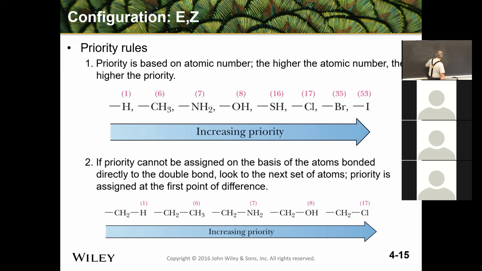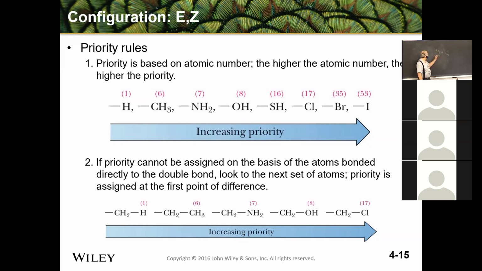What if the groups are different, but the atomic number of the atom that is bonded is the same?